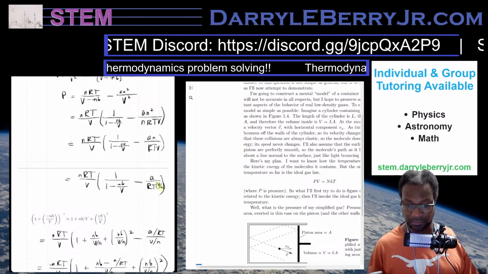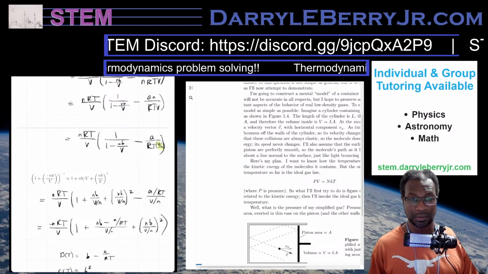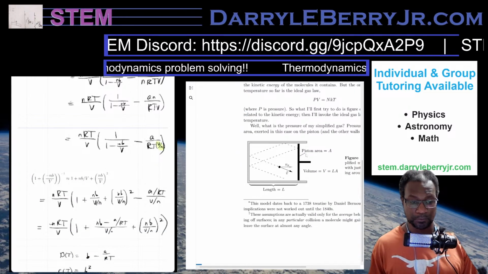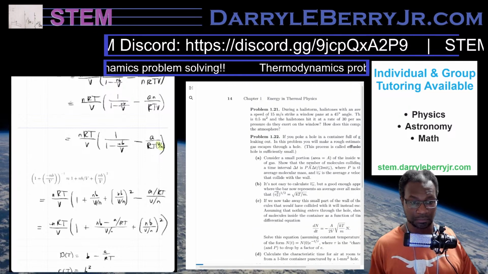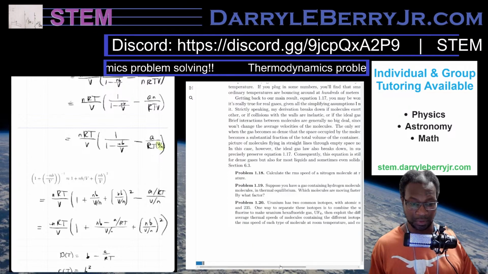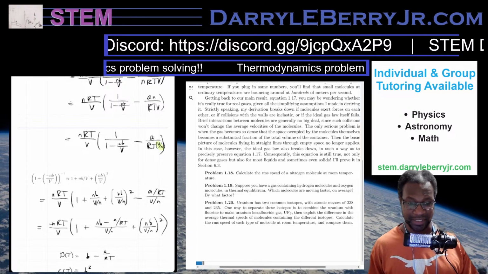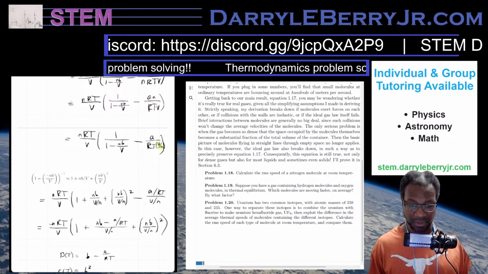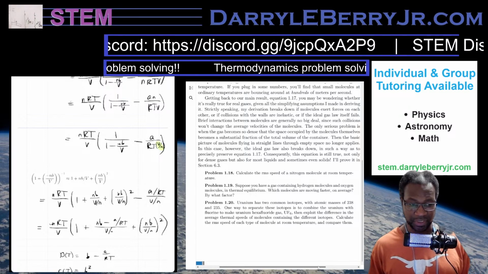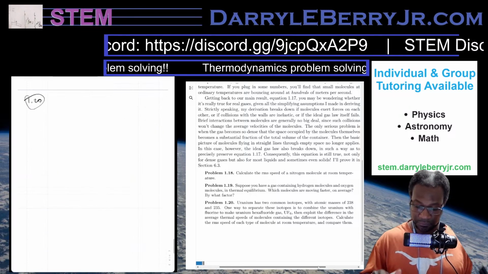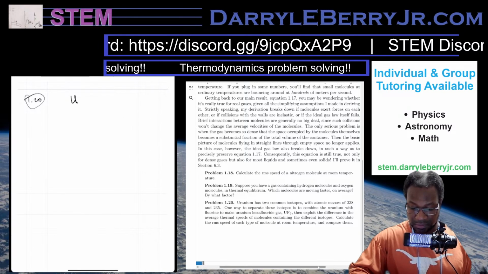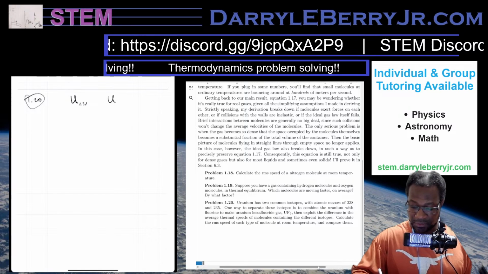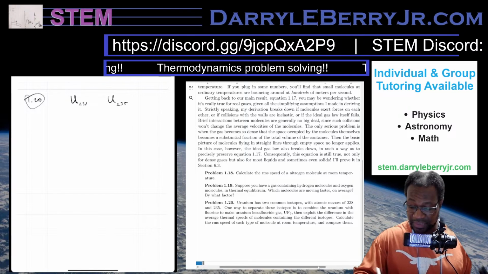All right, so 1.20. Right? 1.20 says uranium has two common isotopes with atomic masses of 238 and 235. So U 238 and U 235.